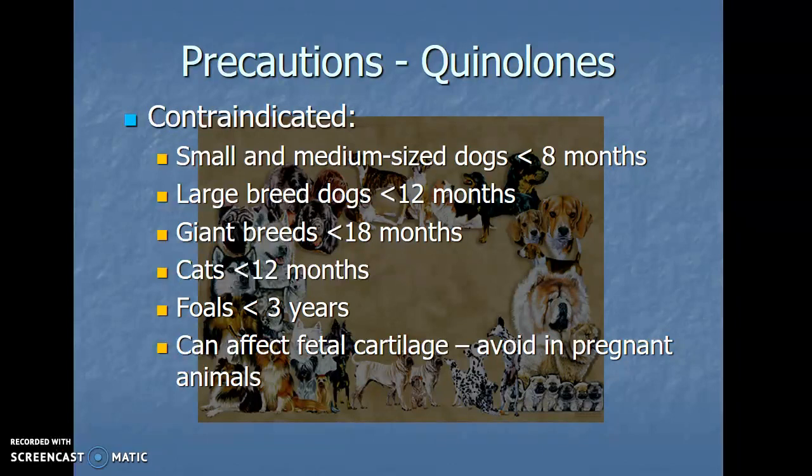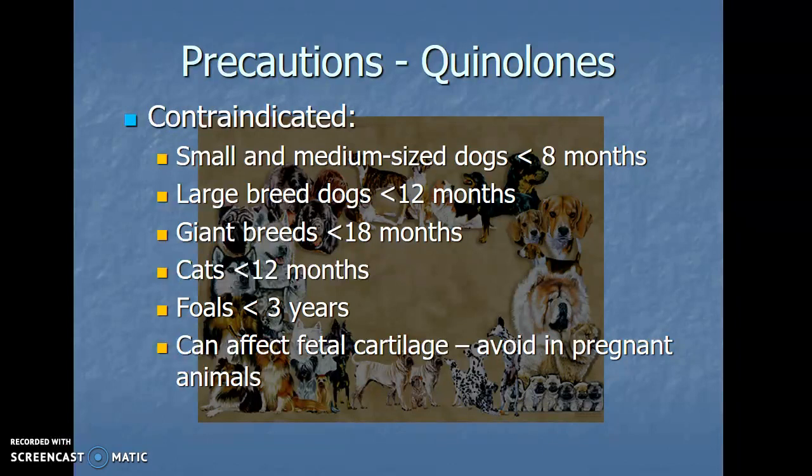Large breed dogs, a year is when we could start to think about giving these drugs. And then the giant breeds, you want to wait until they're a year and a half old. With cats, we wait for 12 months, and foals, we wait for 3 years. So after that, they're really an adult horse. Even 3-year-olds can be kind of more on the adult side.